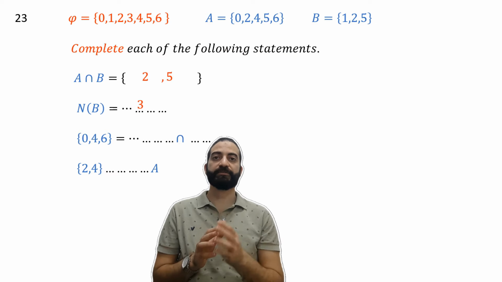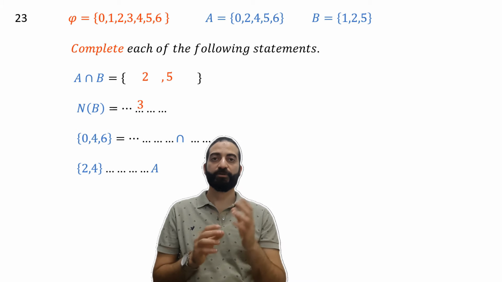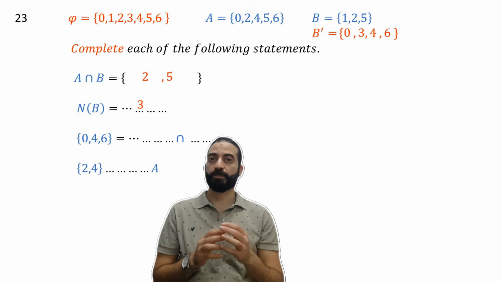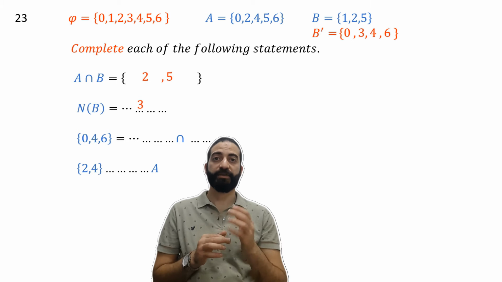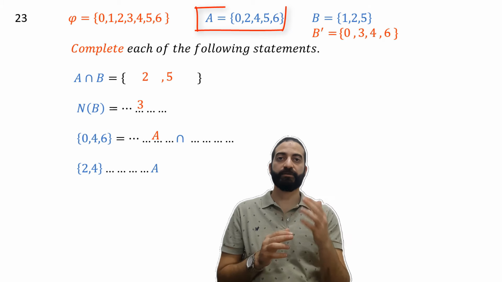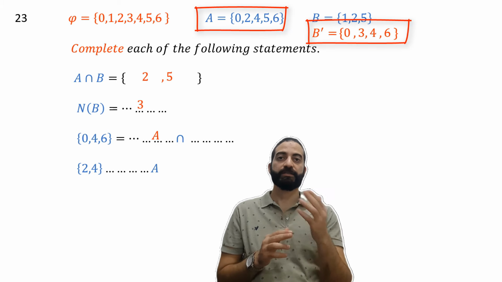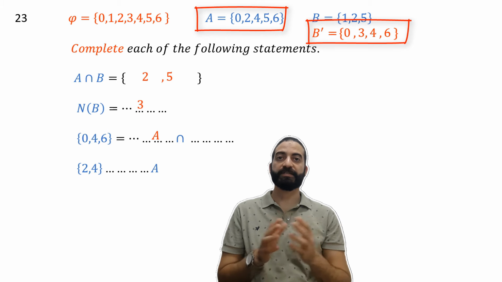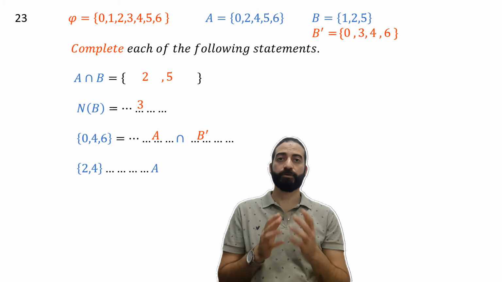For this reason, we must think of the complement. For example, the complement of B is 0, 3, 4, 6, and the intersection between A and the complement of B is 0, 4, 6. So in this way, we have got the answer.